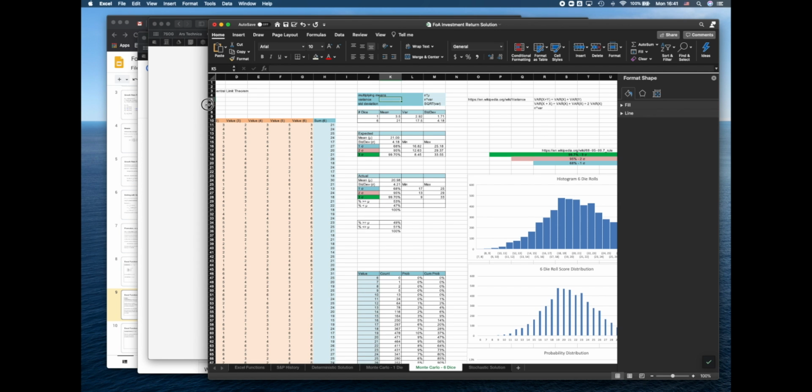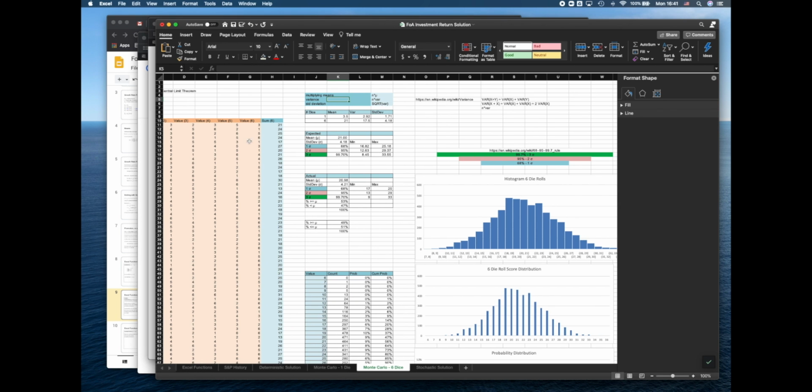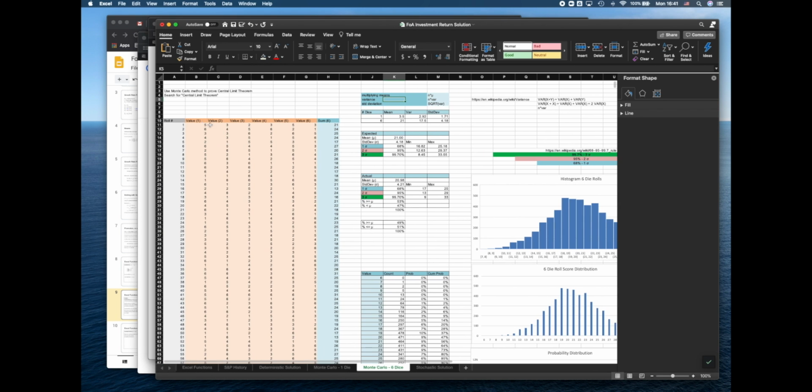Okay, so how does that apply here? Well, we took a 6-sided die and we rolled it 6 times. So the average mean is going to be 6 times the average of 1 die. The mean here was 3.5, and this one then is 6 times 3.5. Variance too.